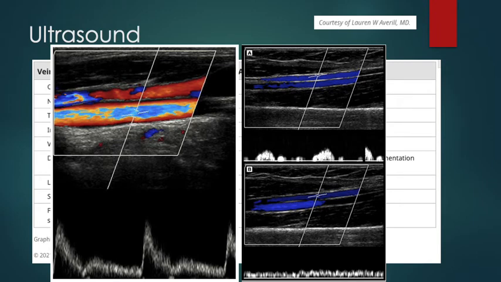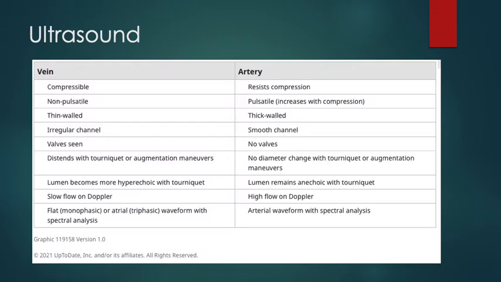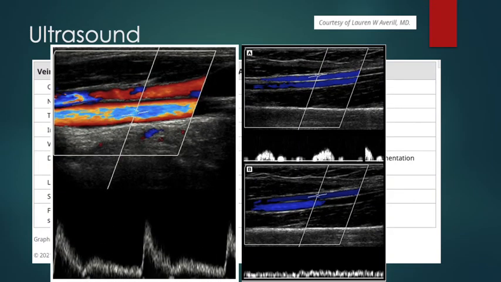You'll note that the actual colour of the Doppler is the same, which is a little confusing sometimes in terms of identifying: shouldn't I have the opposite direction if I have a vein and an artery? Really, I'll put it to you that at the different parts of your cardiac cycle, particularly with your arterial pulse, you'll have a change in direction either to or away from your ultrasound probe.